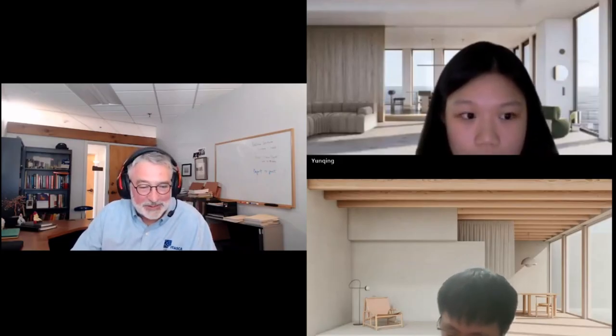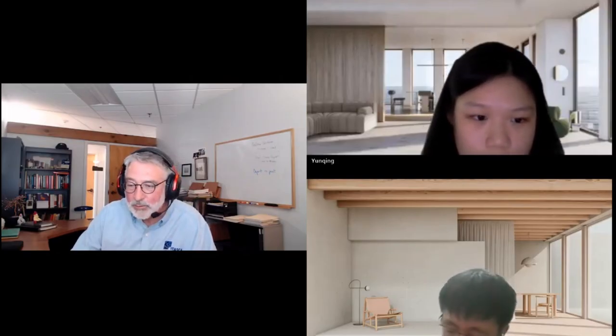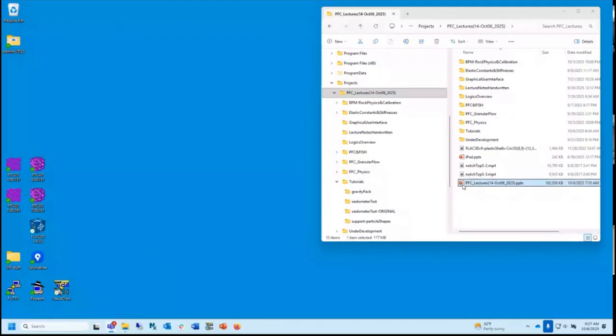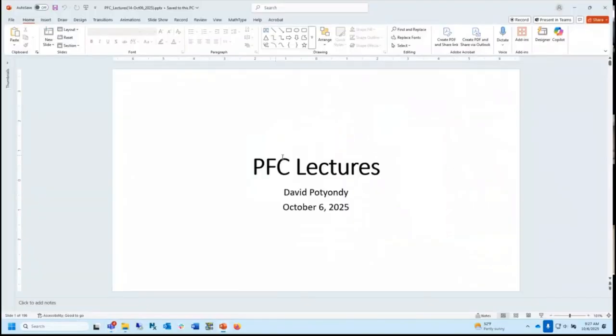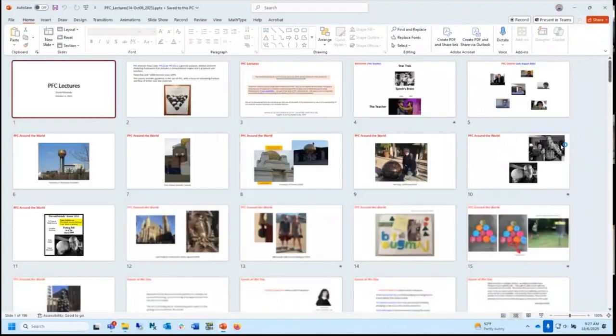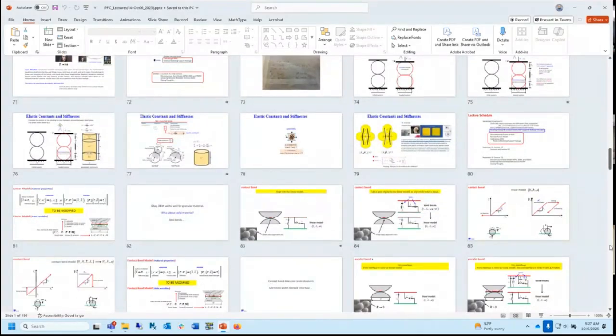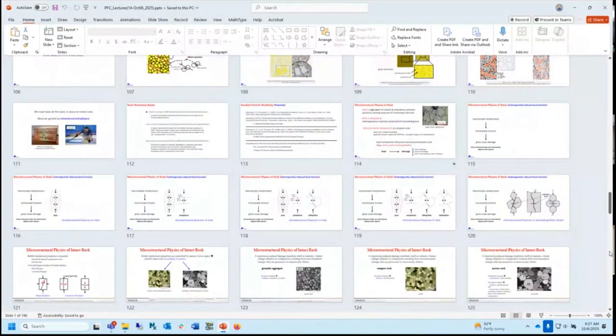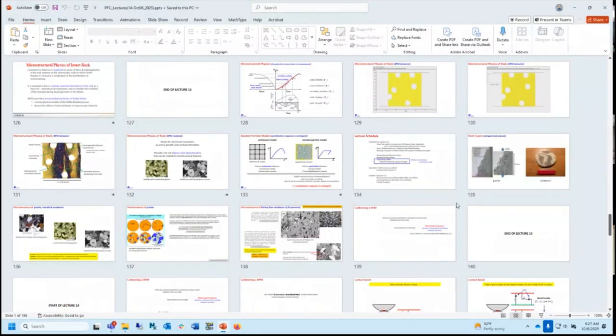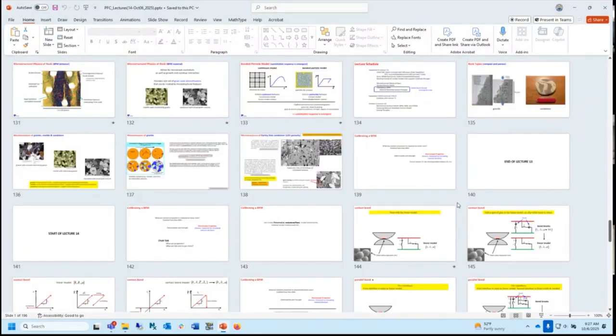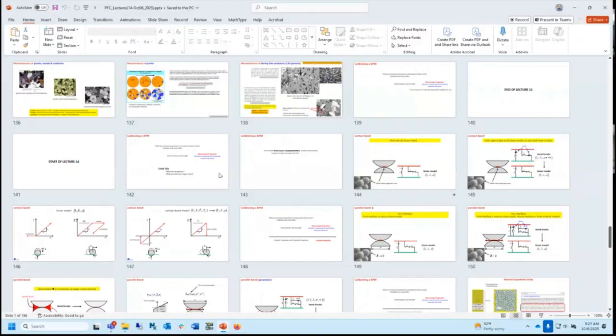There we go. Now, I think we're back in business. Yep, we can see it now. We're back in business. Okay, hang on. For some reason, when I'm doing the display mode in PowerPoint, when I hit escape, it's not kicking out of the display mode. So I had to shut everything down.